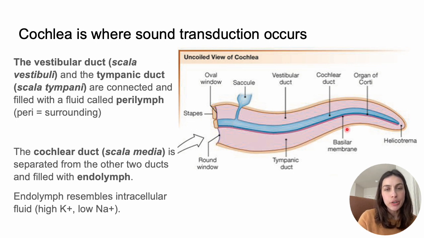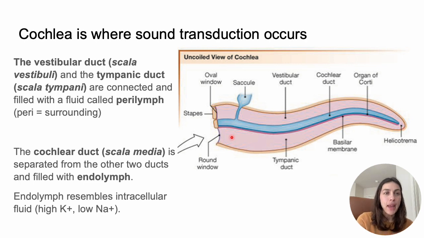Okay, I showed this to you already: if you were to uncoil that cochlea, just to see what the structure looks like, because the coiling makes it pretty confusing to figure out, you will see that all of the perilymph is totally connected.